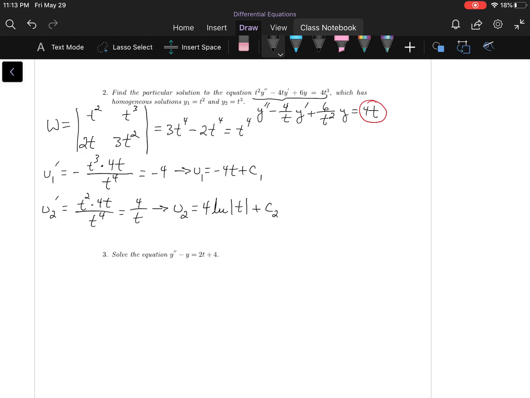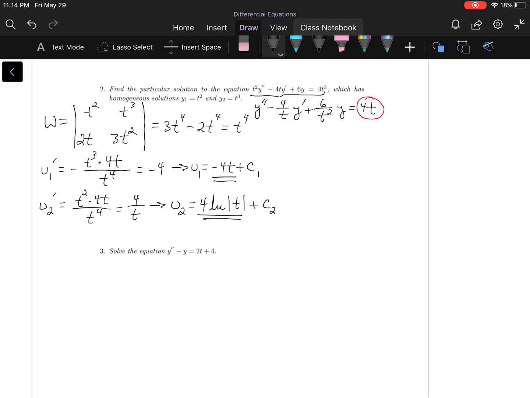Now c1, c2, when you actually bring into your general solution form, it's going to give you the particular and the homogeneous. So the particular part really stems just from the pieces without constants. I'm going to focus on that. So yp, just the particular solution, is going to be given by u1, which is negative 4t.